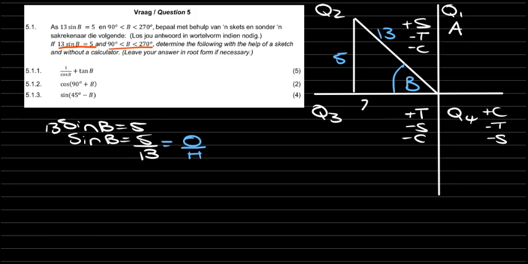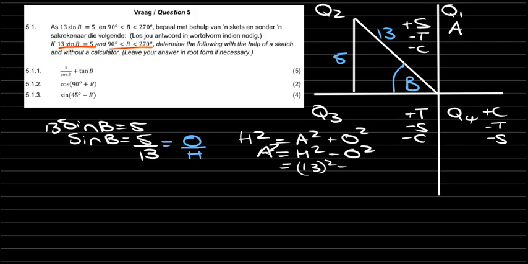Okay, so we will use Pythagoras to solve this part, and we say that the hypotenuse squared equals the adjacent side squared plus the opposite side squared. In this case, we're actually looking for the adjacent side. We are referring to b when we are speaking about adjacent and opposite. So the adjacent side squared equals the hypotenuse squared minus the opposite side squared, which equals 13 squared minus 5 squared.